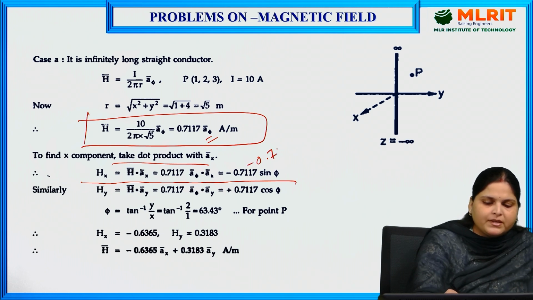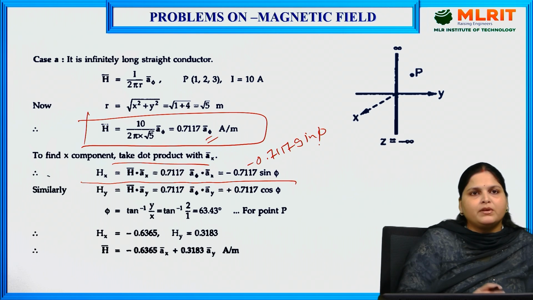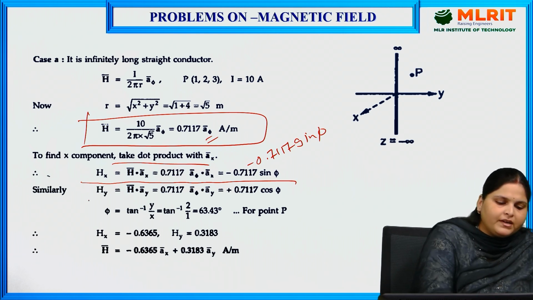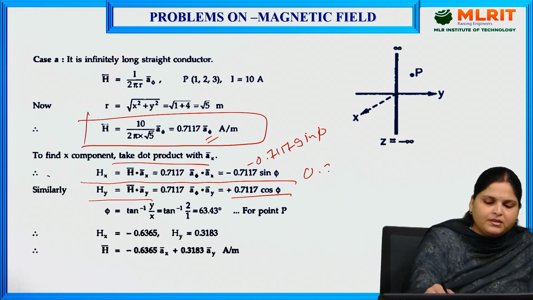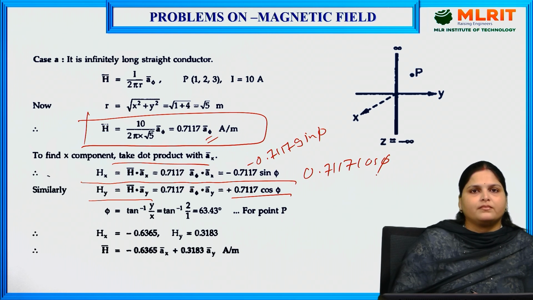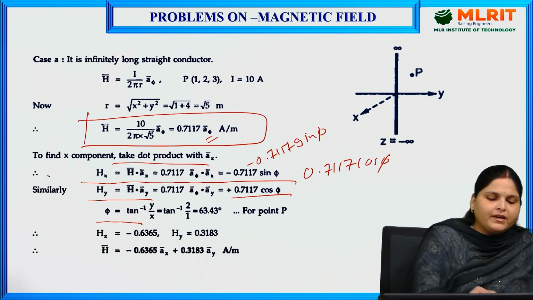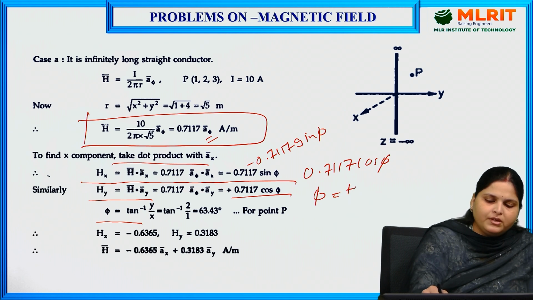So we will get minus 0.717 sine phi. Similarly, when we want to write it in terms of y, we can write H dot a y and we will get 0.717 cos phi. Also from here you can find the phi angle, where phi is equal to tan inverse y by x.